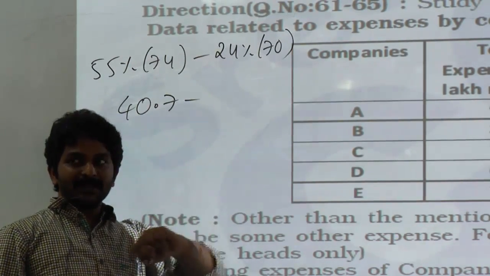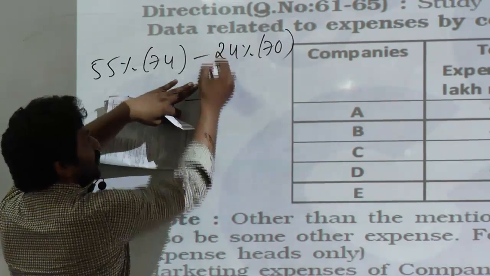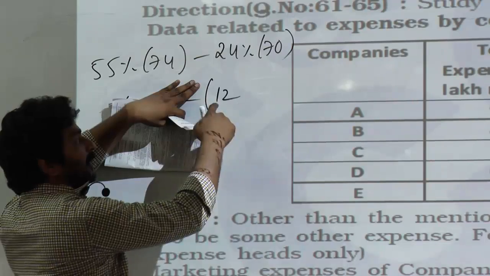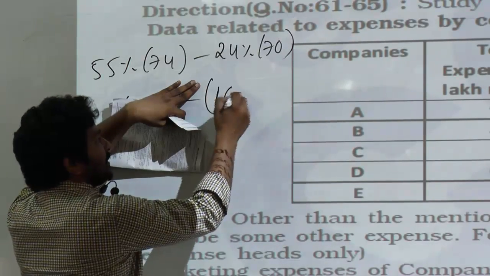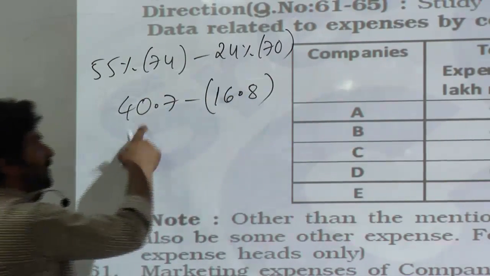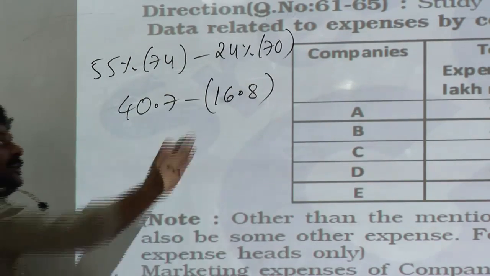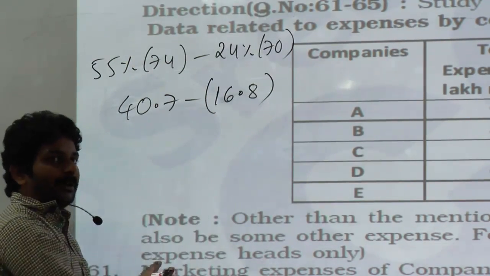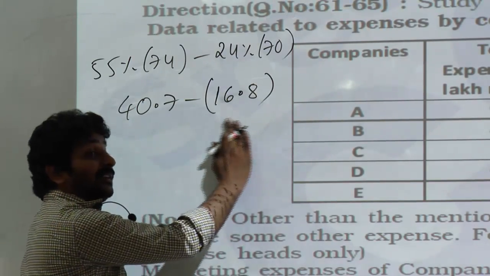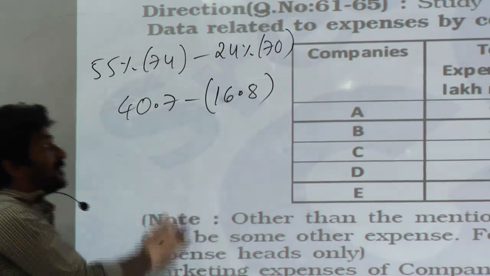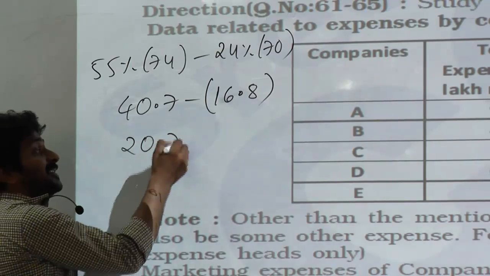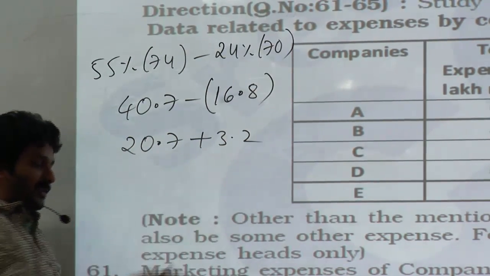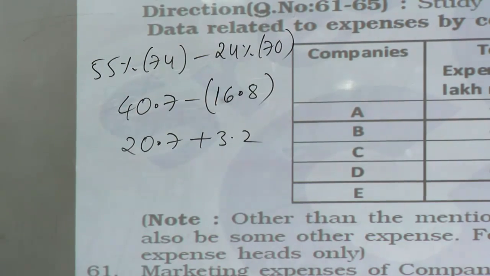Half plus 20%. Half of this number 12. 10% of this 2.4. 20% 4.8. 12 plus 4.8 16.8. You need to subtract 16.8 from this. Subtract 20. Add 3.2. 40.7 minus 20 is 20.7. Add 3.2. Answer 23.9. First option.